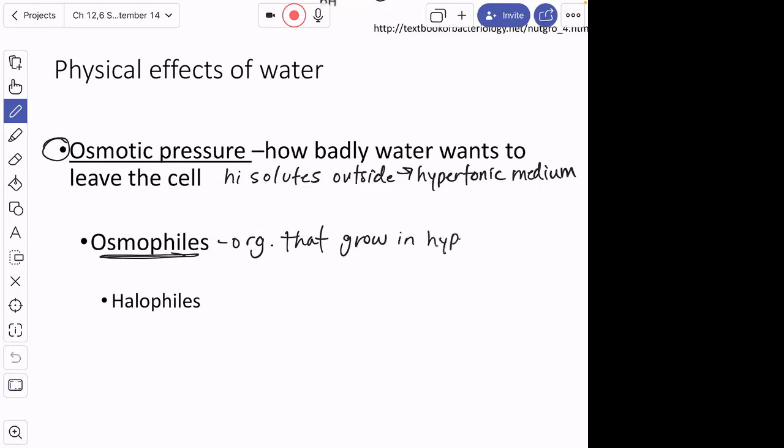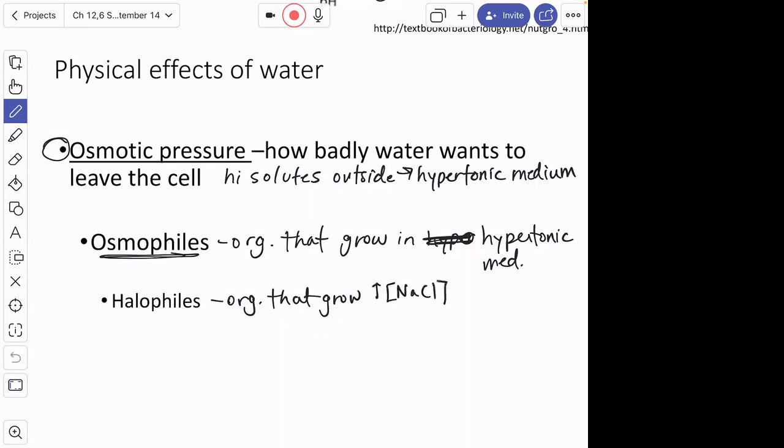So in hypertonic mediums, yeah. And it could be with any solute. And then a halophile is a type of osmophile, organisms that grow in high concentrations of salt.